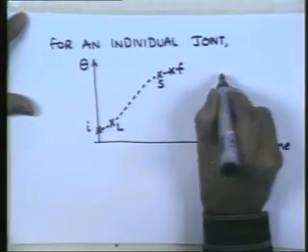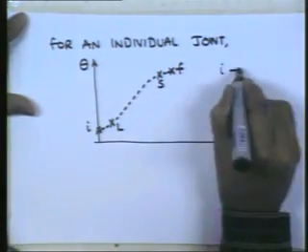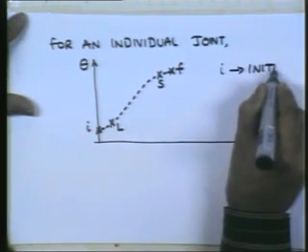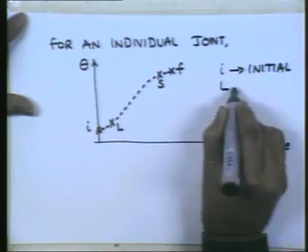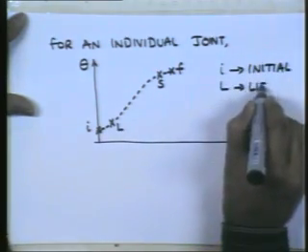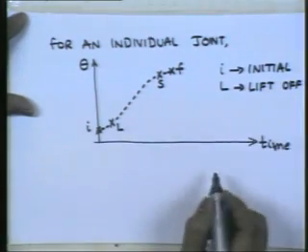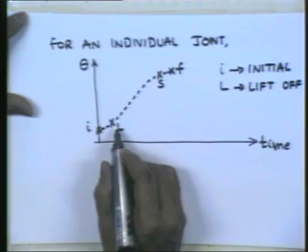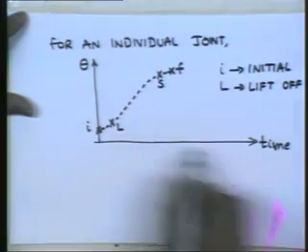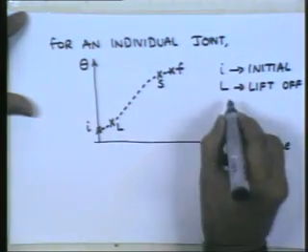So, I is initial, L is referring to lift off or take off. I am not using the letter T here because T could be confused with time. So, we could call this a lift off position.